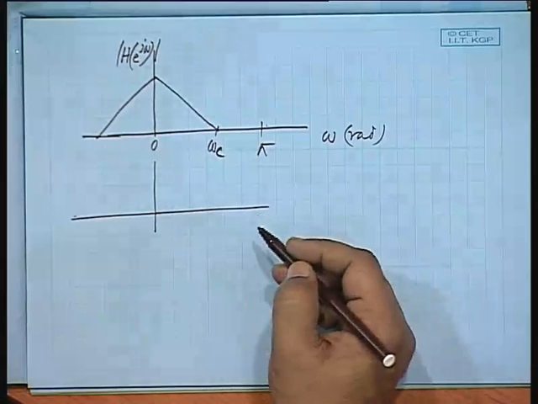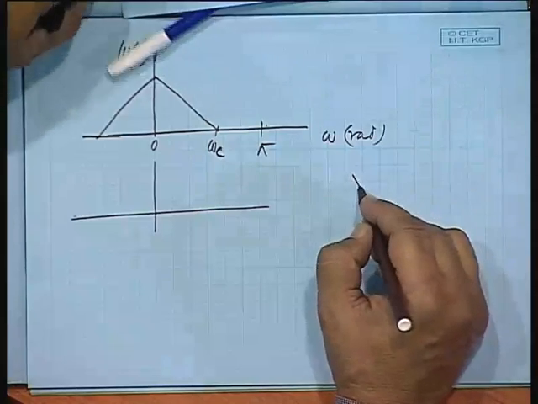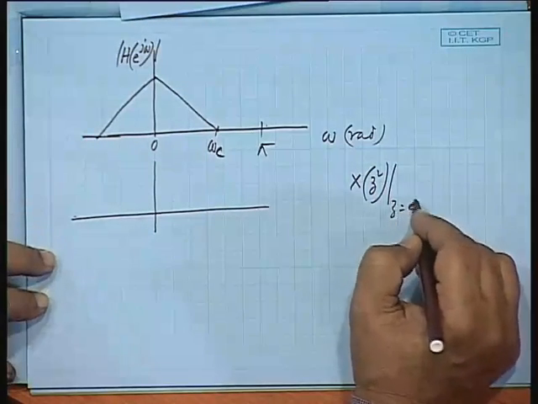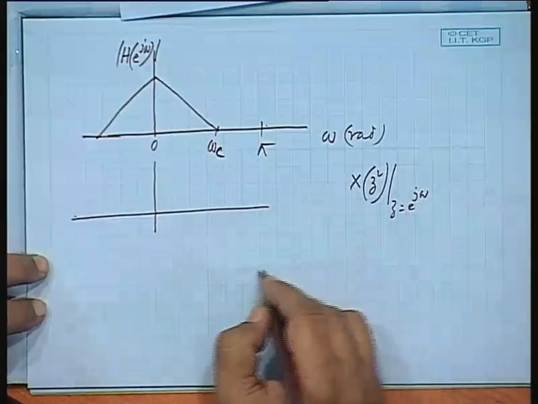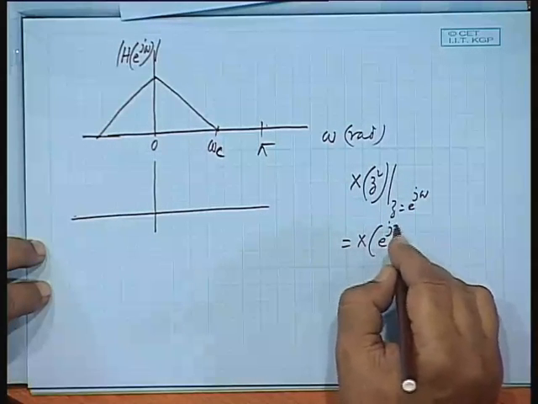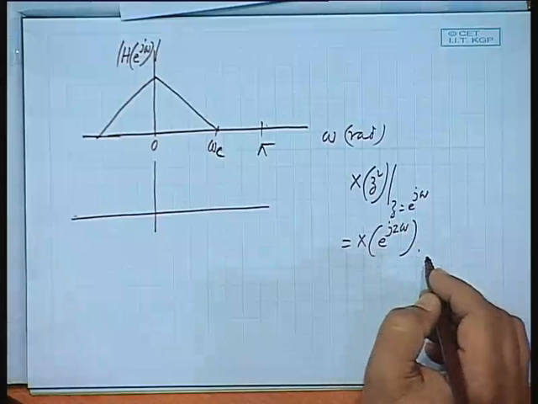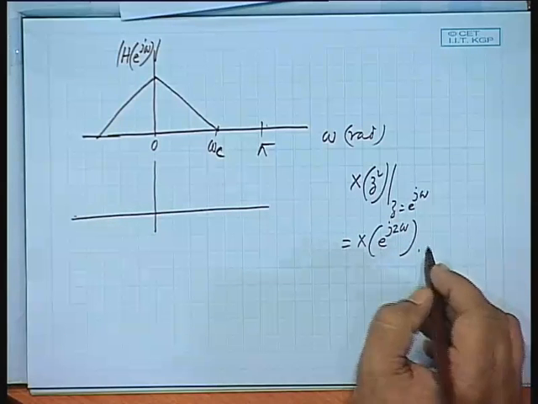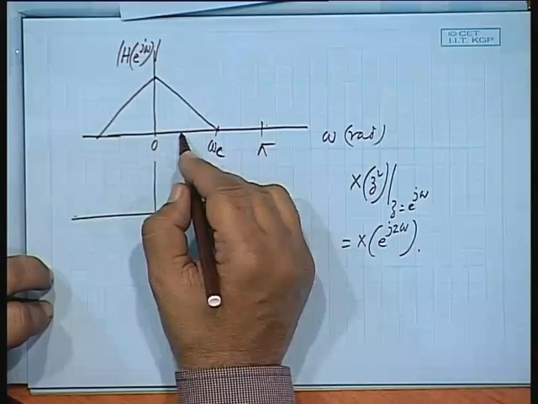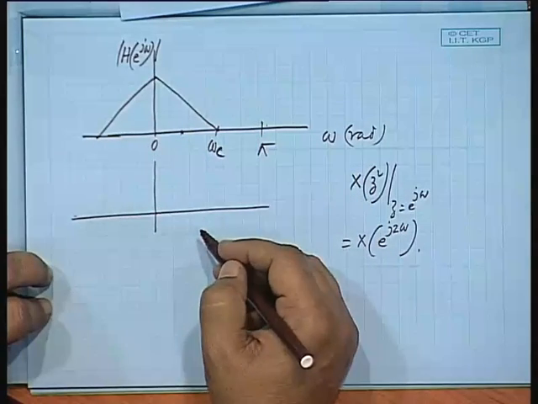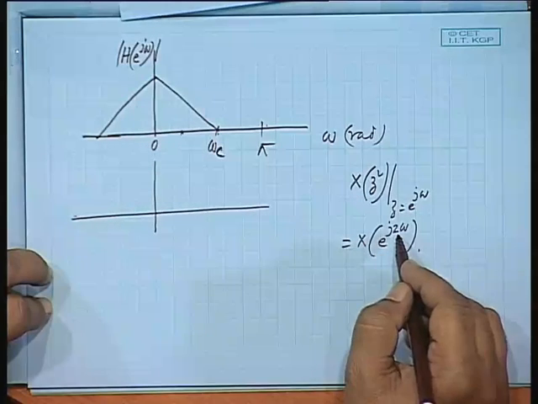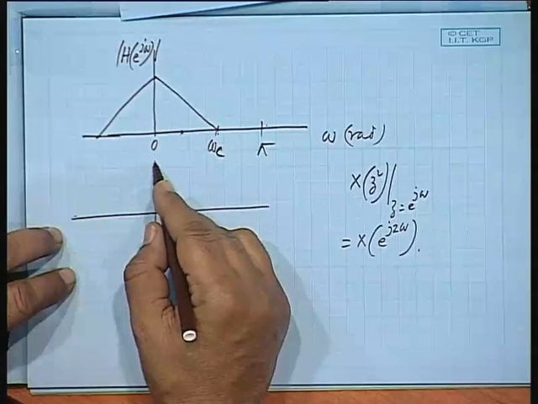X z square, if I write X z square and z is equal to e to the power j omega, then what do I get? X e to the power j 2 omega. So, whatever values we were getting at omega c earlier, I will start getting at omega c by 2.